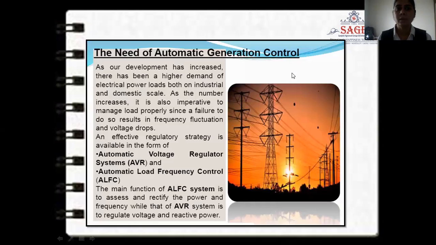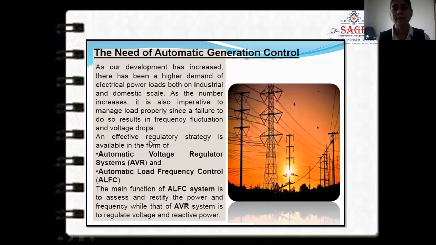Now next, the need of automatic generation control. As our development has increased, there has been a higher demand for electric power both on industrial and domestic scales. As the load increases, it is also imperative to manage it properly, since a failure to do so results in frequency fluctuations and voltage drop.